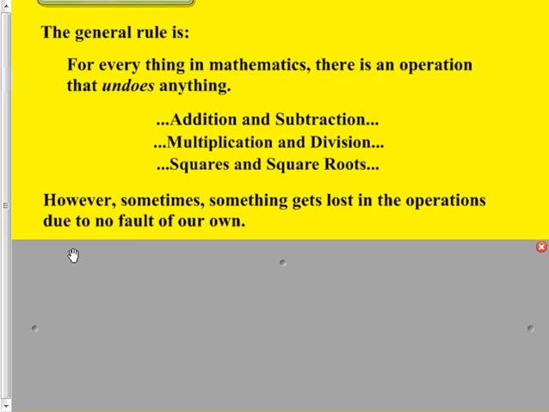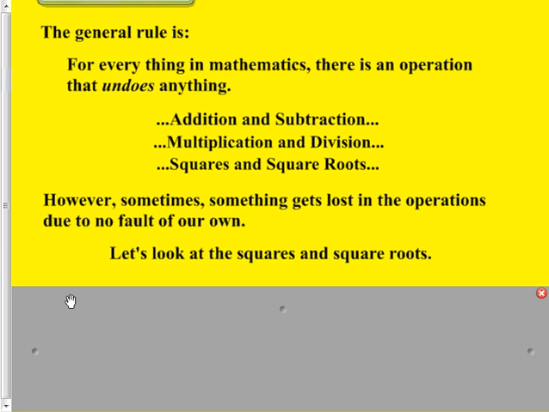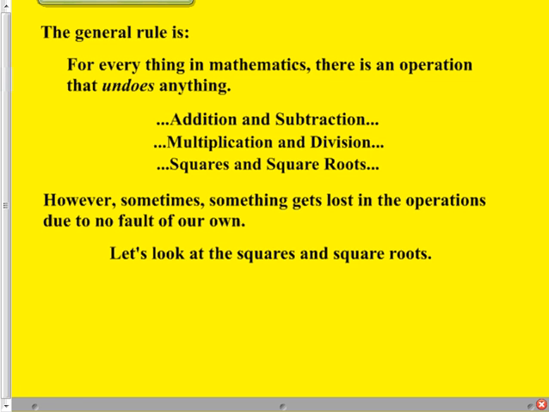There are things that we can actually do to one side of a problem that can damage that problem to the point that it cannot be repaired. We're doing what we're trained to do, but due to no fault of our own, the nature of mathematics actually interrupts the problem in such a way that it cannot be restored. So we're going to take a quick look at the squares and square roots as far as these opposite operations.